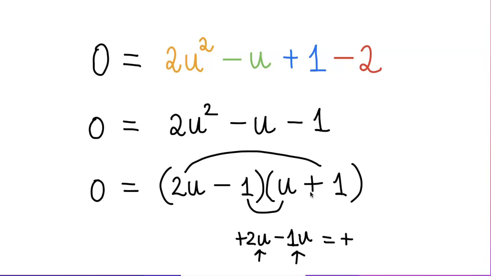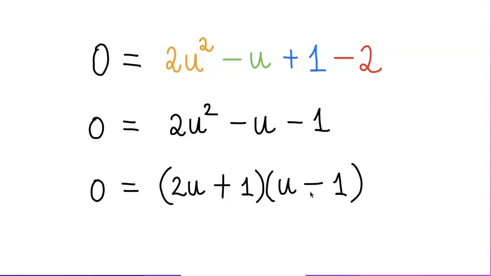Let me go back and switch the signs. So make the first one a positive, and I will make the second one a negative. Now let me check if I FOIL it, if they will add up to negative u. 2u times negative 1 is negative 2u. These two middle terms will add up to plus 1u. Oh yes, now they add up to negative u. So I got the factors right.